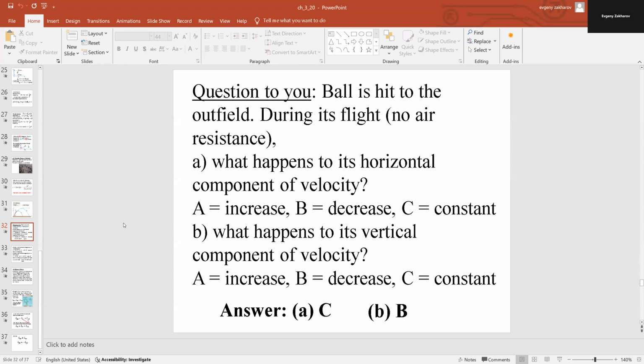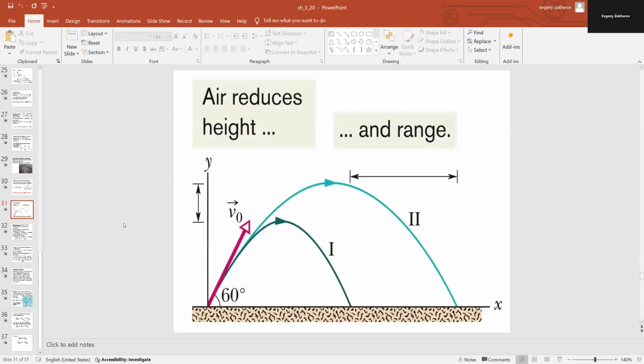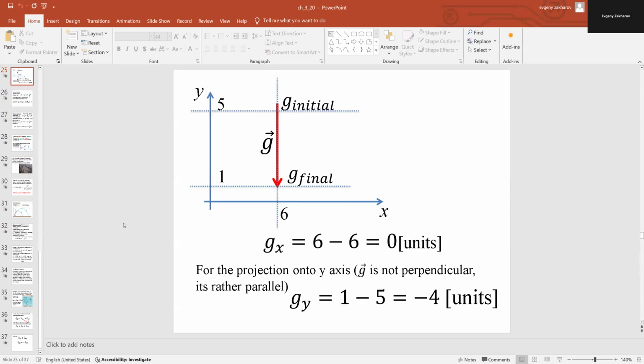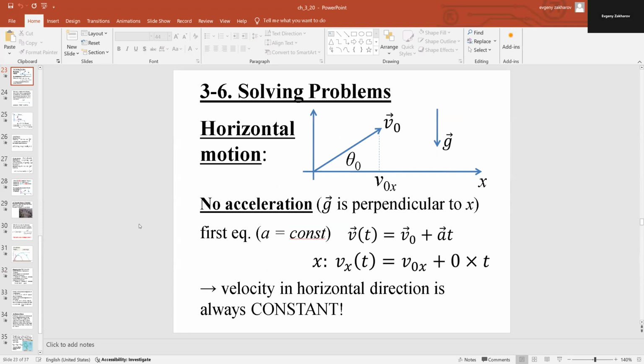So, horizontal component of velocity. Let's go back to our analysis for horizontal motion. What do we see? That's the general equation, and that's the x component for the velocity at any moment of time. You see that it is your initial velocity x component.